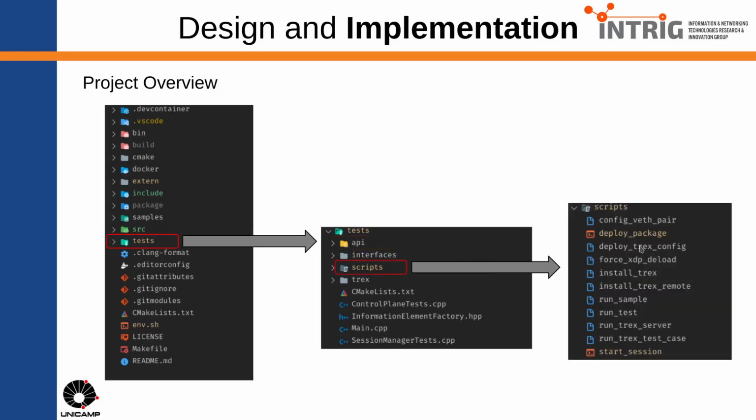And we have some scripts in order to deploy, to make the life of the developer easier, to deploy the tracks and the test pairs and all things related to the tests.